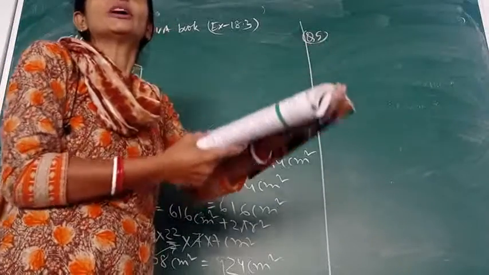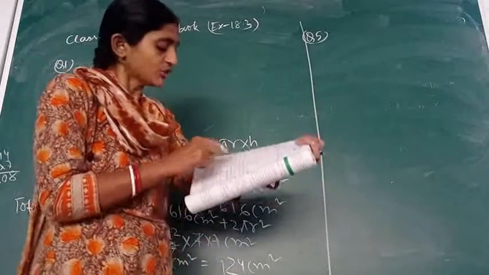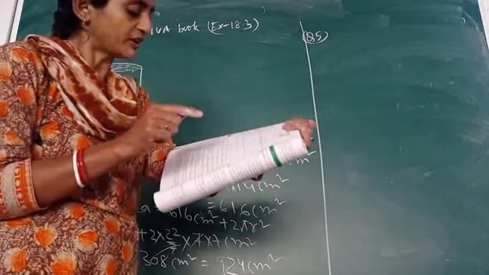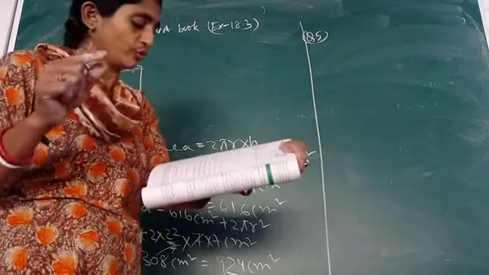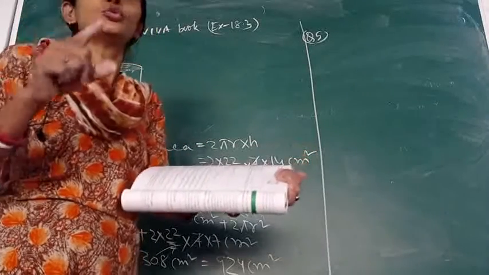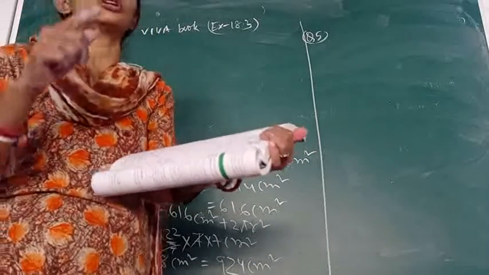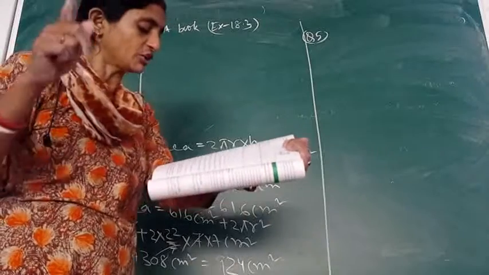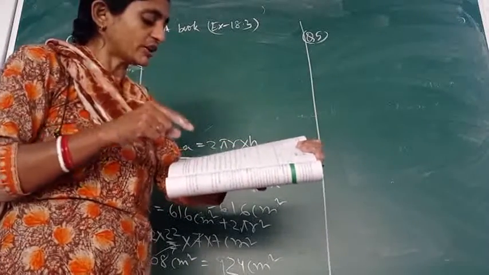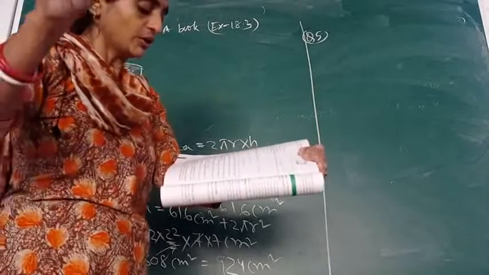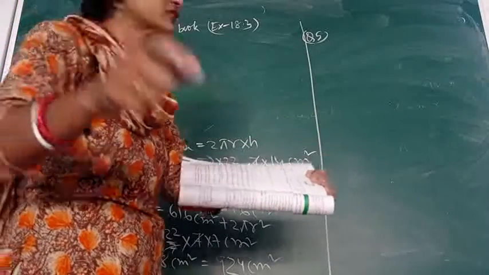So here one thing is clear from this question, the total cost for painting this one is given 2200 rupees, whereas the cost per meter square will be rupees 20. So if I am dividing the total cost by the cost of painting per meter square, then we will get that total inner surface area.